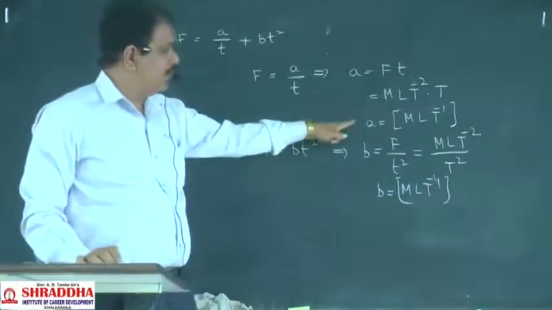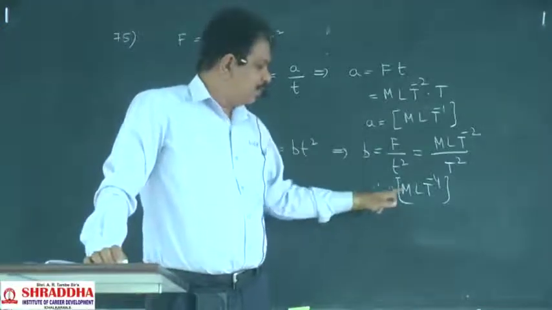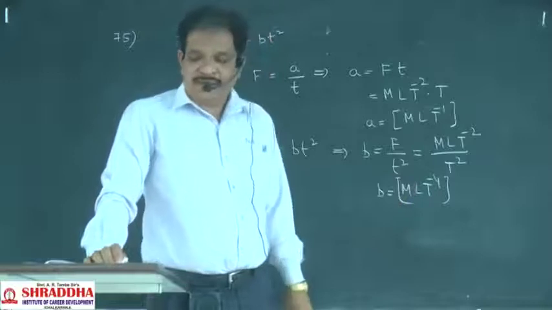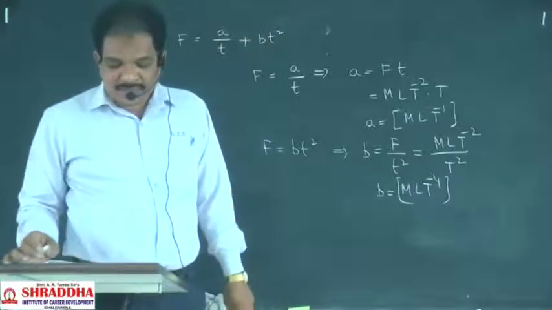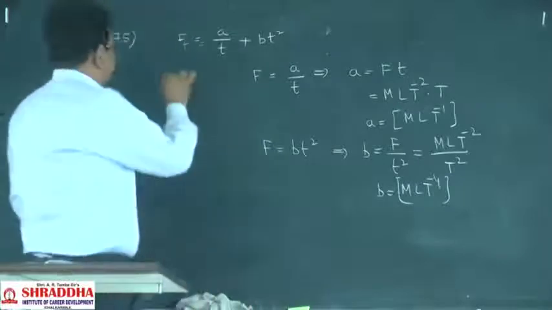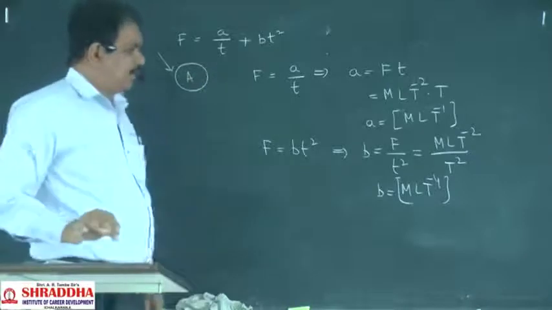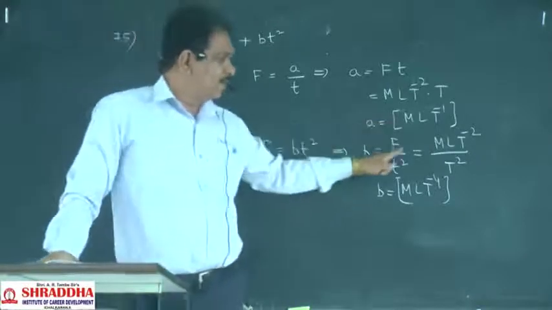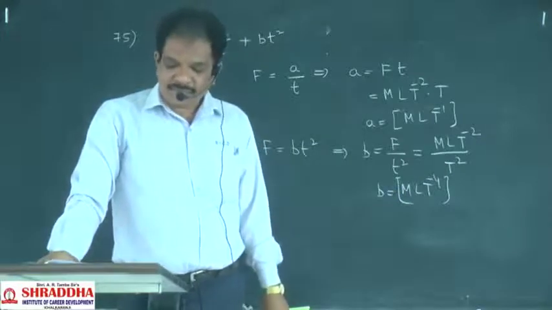So A value is MLT power minus 1, B value is MLT power minus 4. So 75 will be option E. Clear? MLT power minus 1, MLT power minus 4. Next.